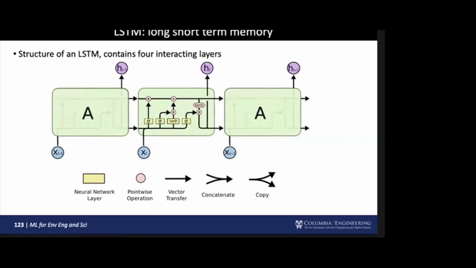Now, the yellow boxes represent neural network layers, while the pink circles are pointwise operations like addition and multiplication. By combining these, the cell can carefully protect and control information, deciding exactly where to let it through or block it using its internal gates. This is a single cell structure of an LSTM module.